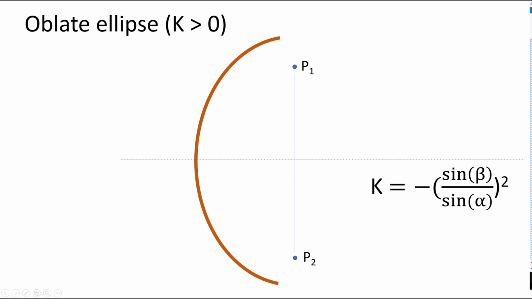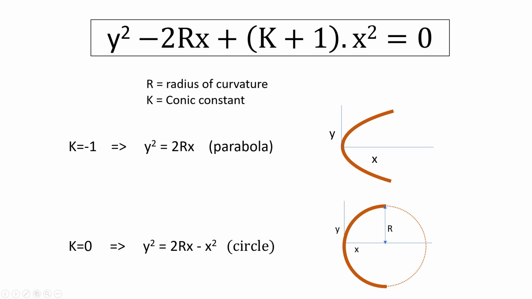Now all these visualizations are nice, but if you have a bit of a formula fetish like me, it's always nice to present a formula. So here it is, the formula that represents all the cross-sections of a cone. Now x and y are the coordinate parameters describing the surface shape in 2 dimensions, and the other 2 parameters in this formula are the surface radius r and the conic constant k.